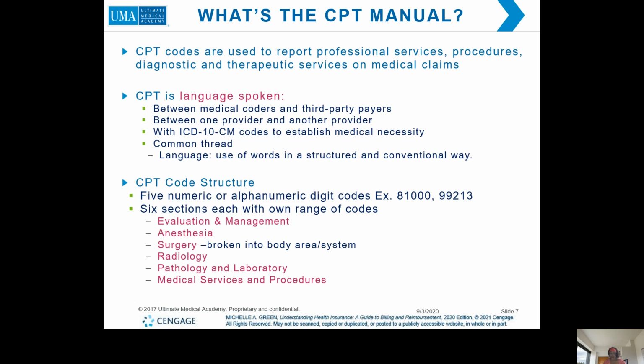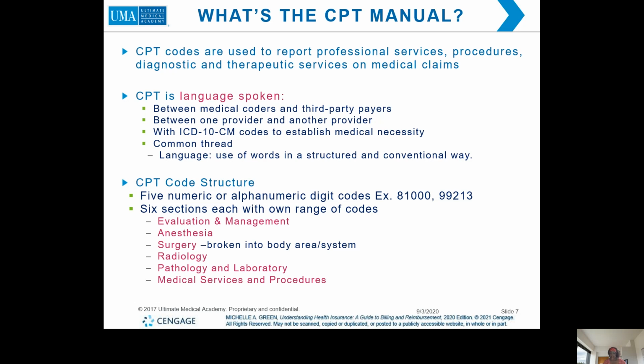The CPT manual itself is broken into these particular 6 categories. And each of these categories are broken down and they have a code range. For example, radiology is the 80,000 range. Okay. The book is in numerical order except for evaluation and management.